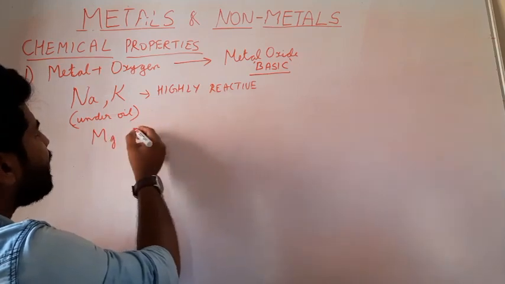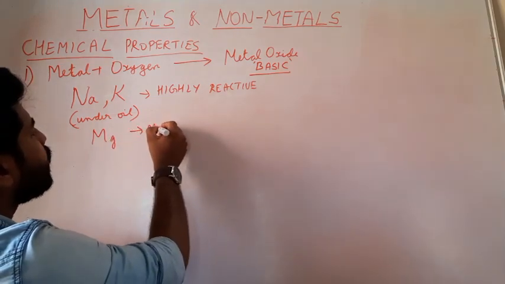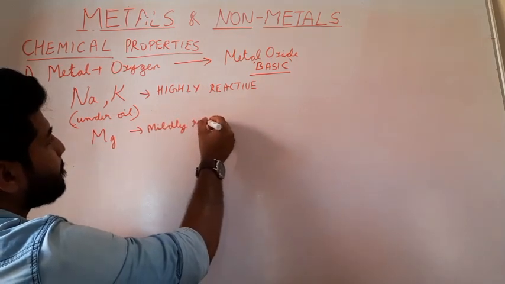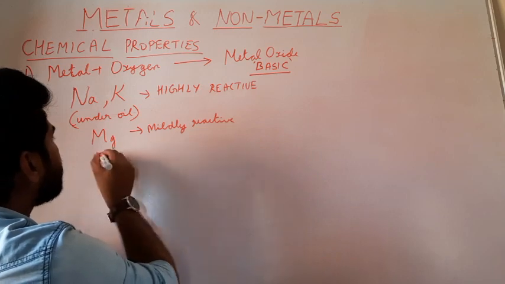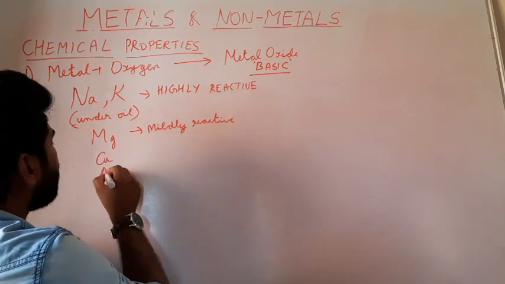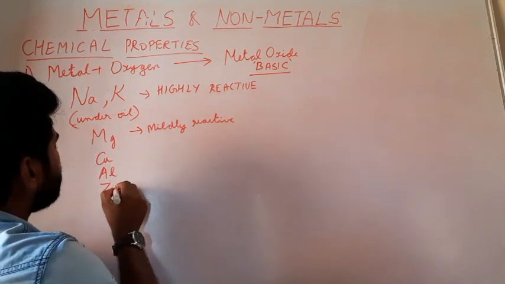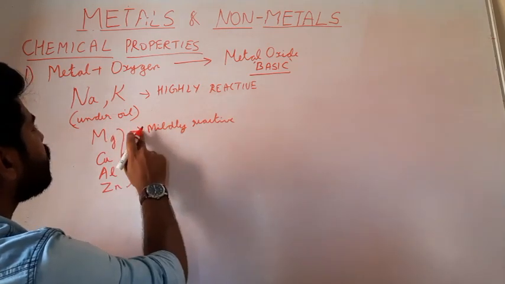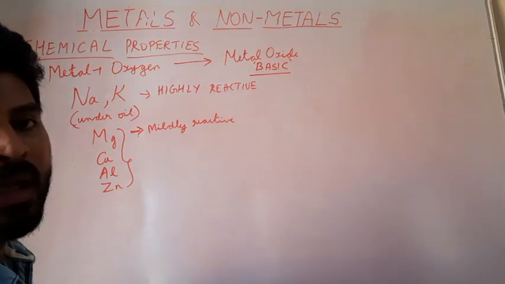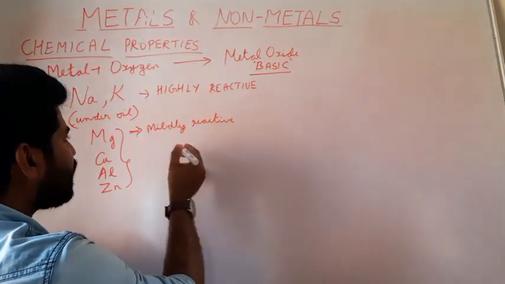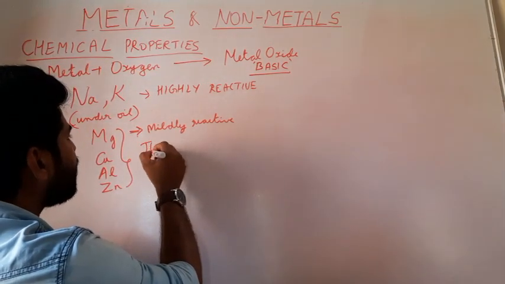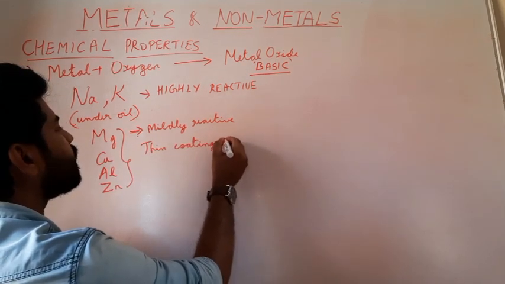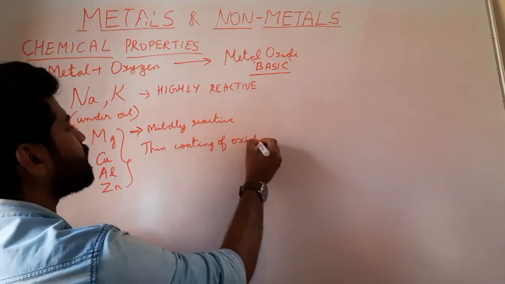Magnesium is mildly reactive. It does show a reaction. Magnesium, copper, aluminium, zinc, all these metals are mildly reactive with oxygen, and on reacting with oxygen they form a thin coating of oxide on their surface.